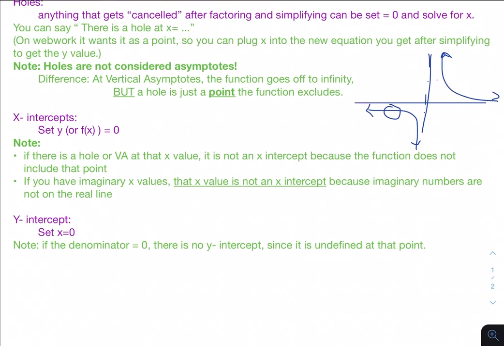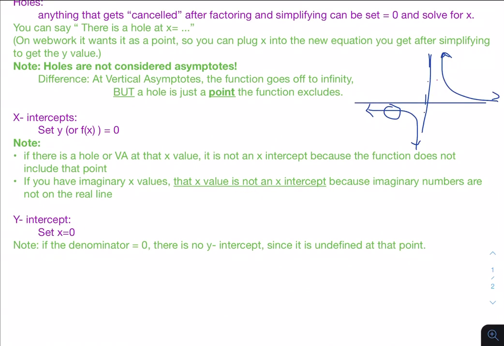If the x value you find is also a hole or a vertical asymptote, then it is not an x-intercept, because it is not an included point. The function is never going to reach that point. Also, if you get imaginary x values, then the function is never going to reach that point either, because imaginary numbers are not on the real number line. So there is no x-intercept there either.